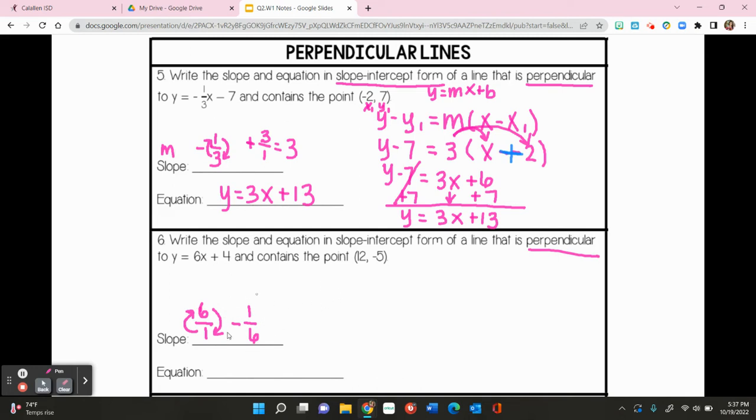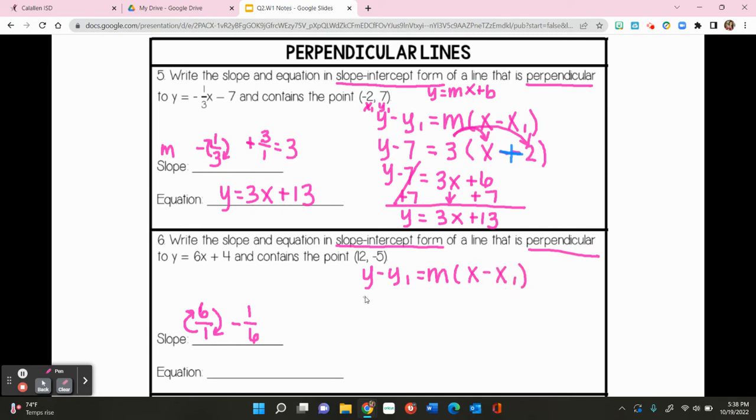Now that I have my slope and I know a point from the equation, I want to get this into slope-intercept form though. Since I have found my slope and I have been given a point, I have to use point-slope form in order to transform my equation into slope-intercept form. So I have y minus y1 equals m parentheses x minus x1.